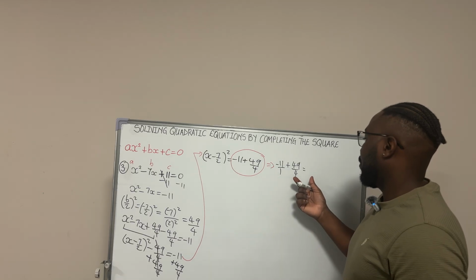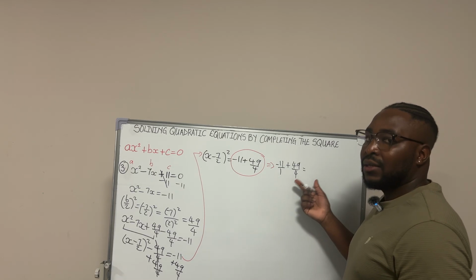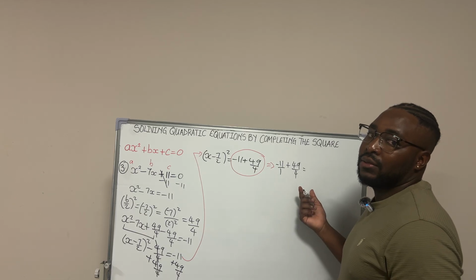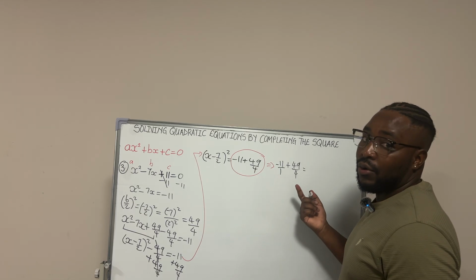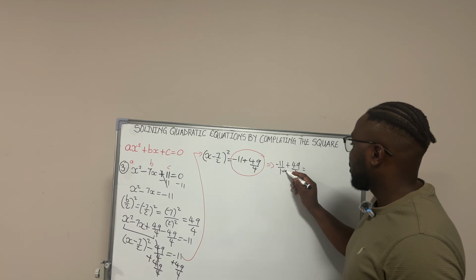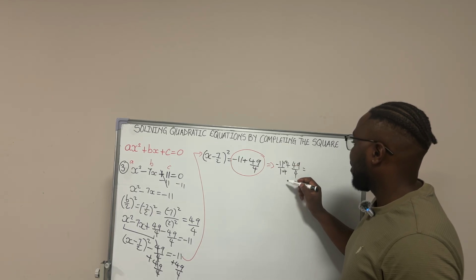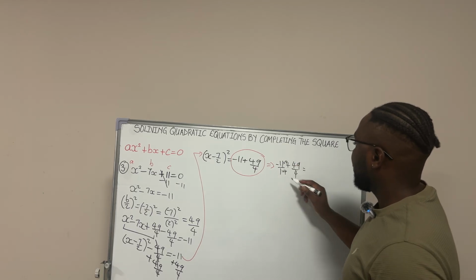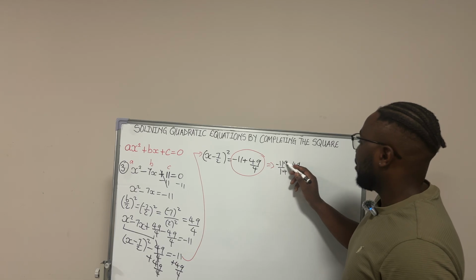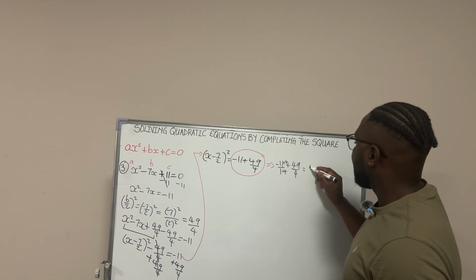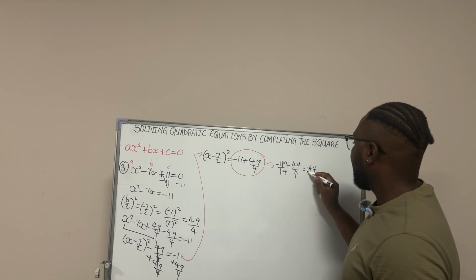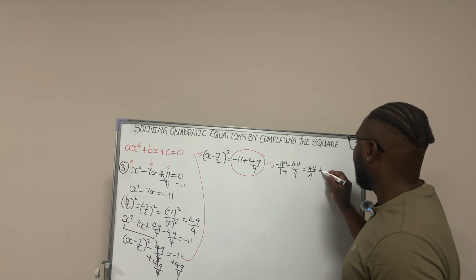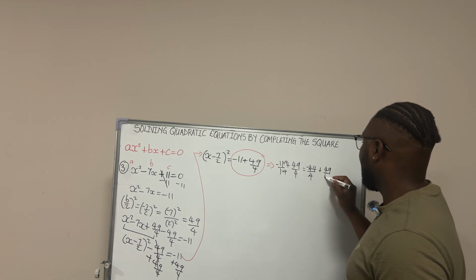So we just have to find the lowest common denominator. Yes, and what's the lowest common denominator of 1 and 4? It's 4, right? So we just multiply our denominator by 4 and numerator by 4. Negative 11 by 4 is negative 44. 1 multiplied by 4 is 4, plus 49 over 4.